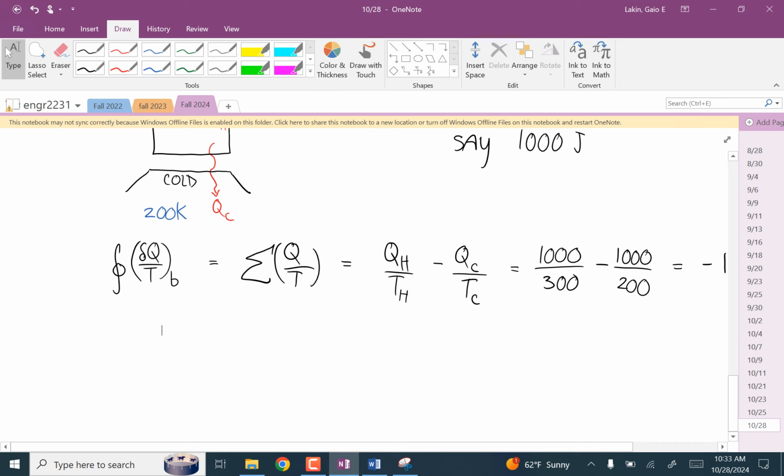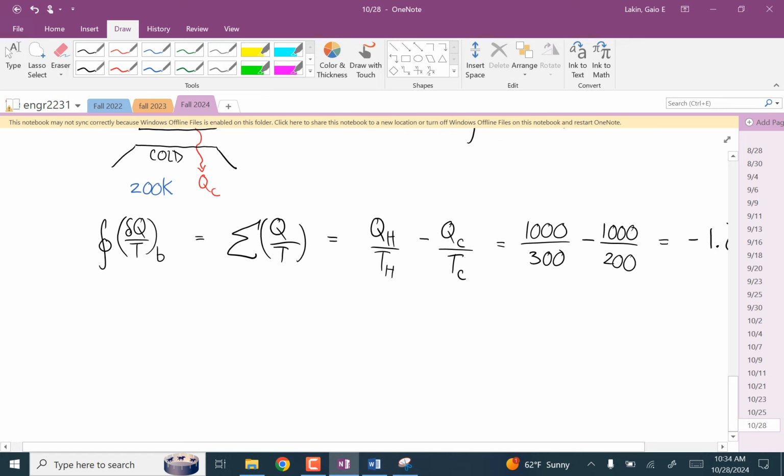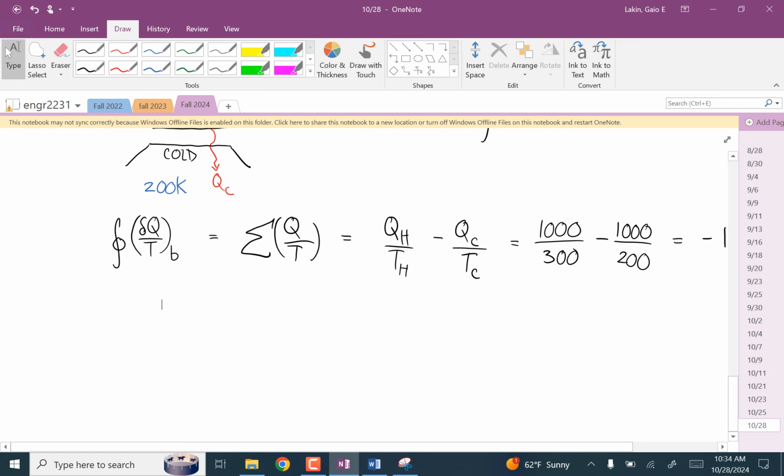Is that rate constant? No, not necessarily. If I had a 1,000,000 degree reservoir and a 5 degree reservoir, it would happen very fast. But the heat death of the universe, I think, is going to happen in billions of years, way after the sun has already engulfed the solar system.